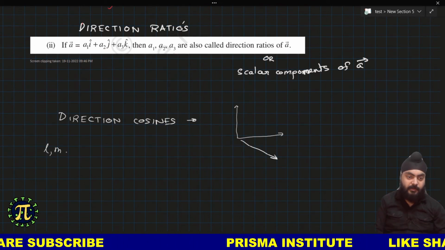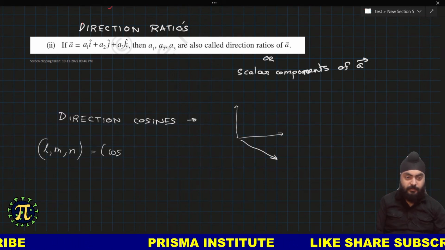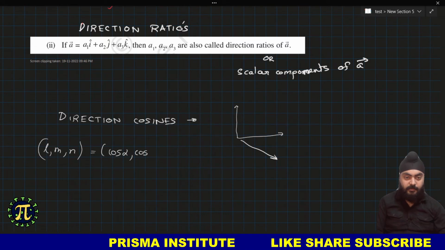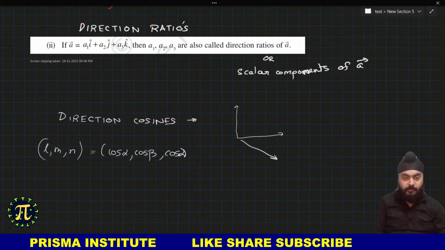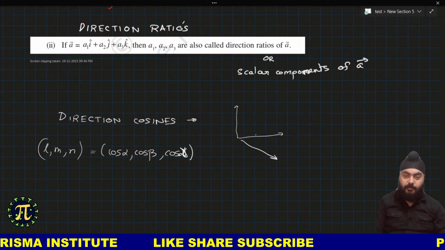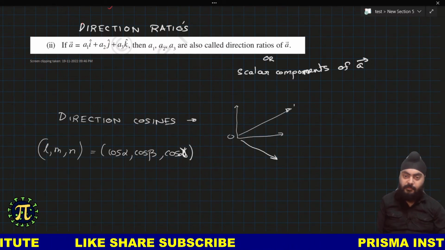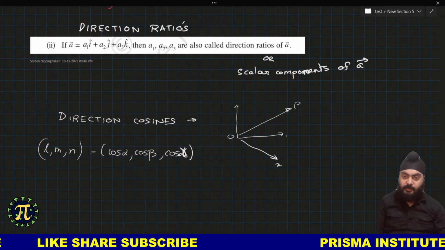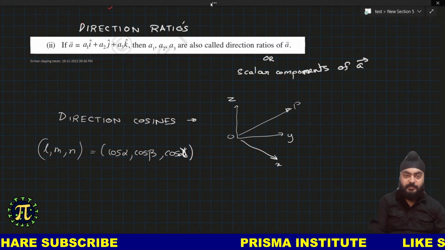We defined l, m and n as cos alpha, cos beta, cos gamma, where alpha is the angle made by this OP vector with the x axis, beta is the angle made with the y axis, and gamma is the angle made with the z axis.